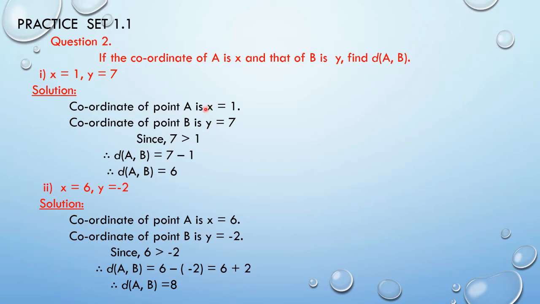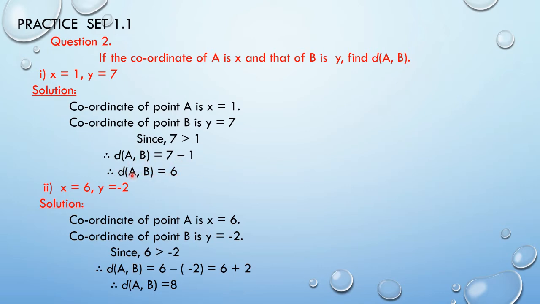Therefore, the coordinate of the point A is x equal to 1 and the coordinate of the point B is y, that is equal to 7. Since 7 is greater than 1, the distance of AB equals 7 minus 1 equals 6. Therefore, the distance of AB equals 6.